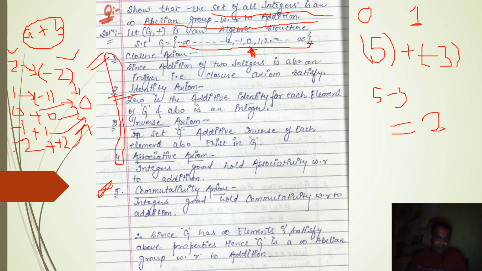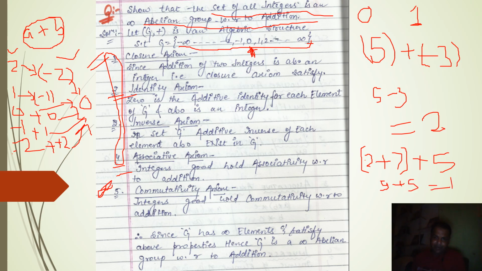Now the fourth property is associative property. We know that the integers hold associativity. You can check it on any three integers. Suppose I am taking here 2 and 7 and one more integer, 5. Suppose first I add 2 and 7 and after that I add 5. We get 2 plus 7 is 9, and 9 plus 5 is equal to 14.